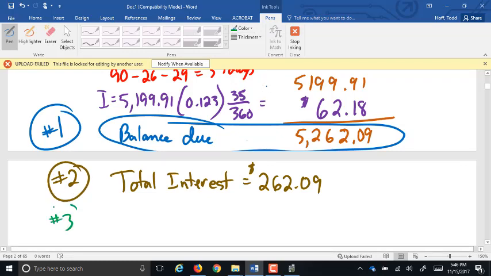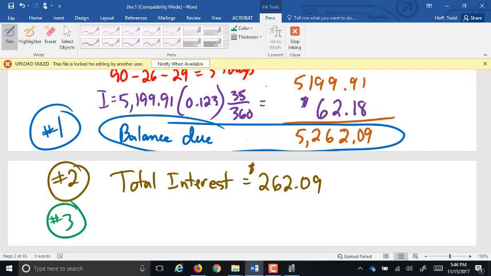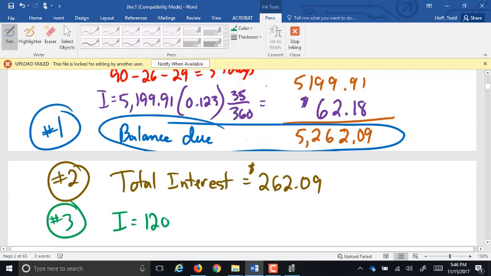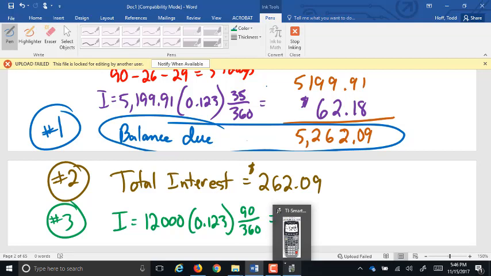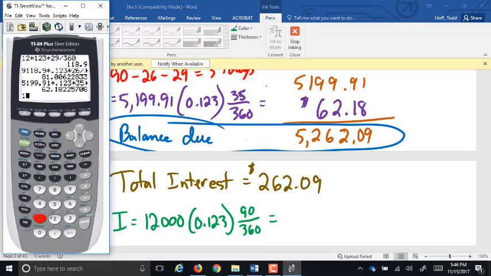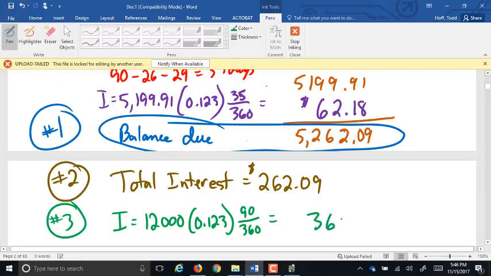How about question number 3? How much is saved in interest by making the partial payments? Exactly. Okay, so let's see what that comes to. We get $369 in interest.